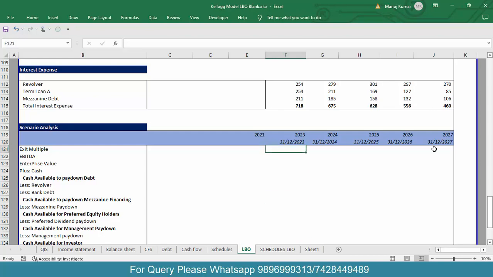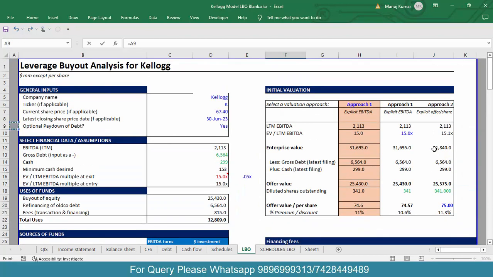So let's first assume the exit multiple, which we have already written here in this LBO model. We had assumed that the entry multiple and exit multiple will remain the same. However, you have the option not to keep it the same.